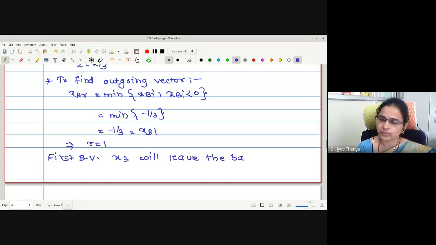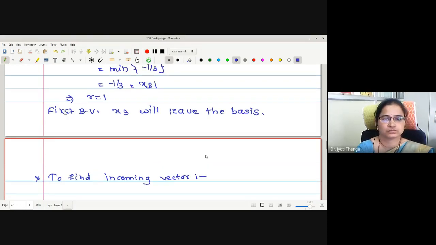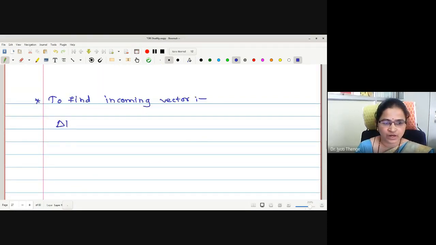Okay. Now it's time to choose the incoming vector. What is the formula? Delta k upon x rk. Sorry, r is 1, no? We write x1.